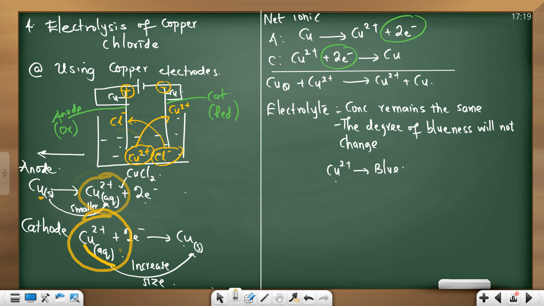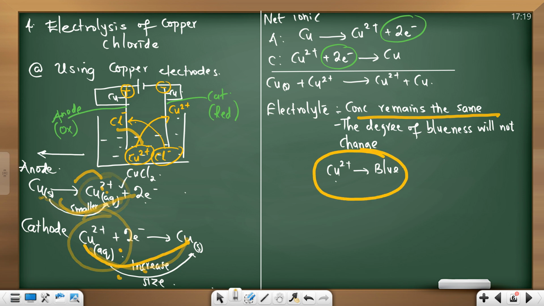At the cathode, I'm losing Cu2+ to Cu. But at the anode, Cu is becoming Cu2+. So whatever is lost here is gained back. So the number of Cu2+ ions will remain the same. Hence, the concentration remains the same. It means the blue color will not change. Make sense? All right. That's an application question there.